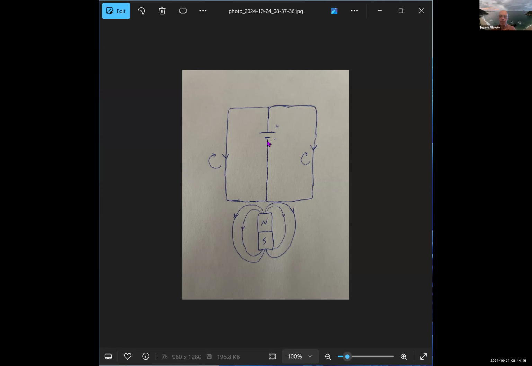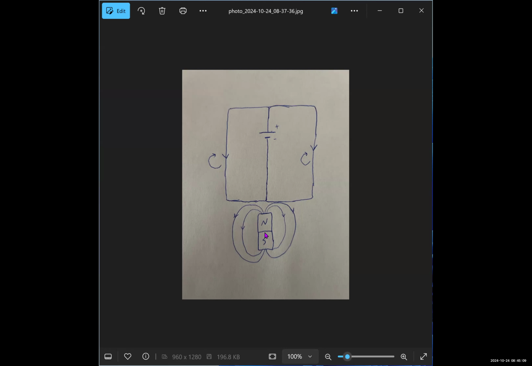This is a battery, and we have a circuit. It's separate from the magnet. The magnet is here to connect the negative source of the battery to the wire.